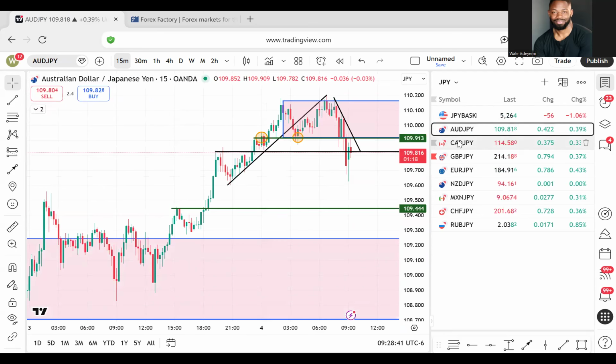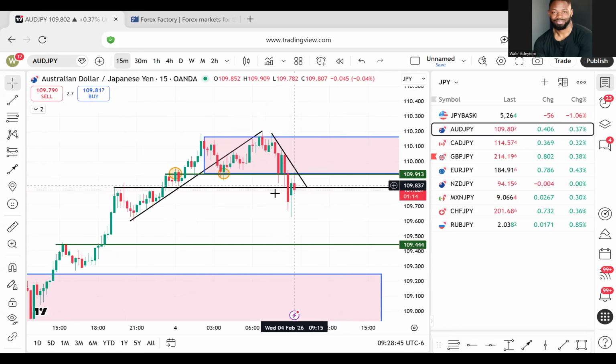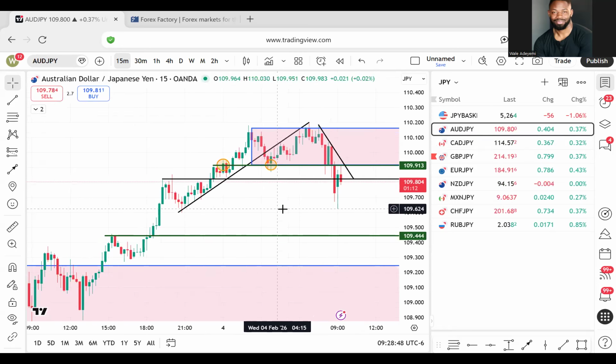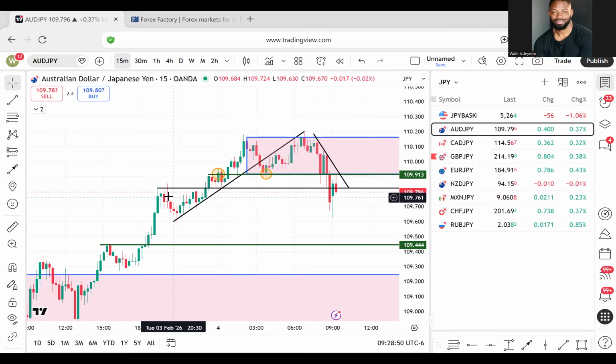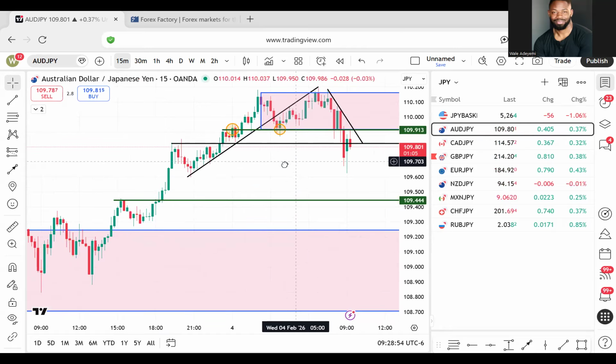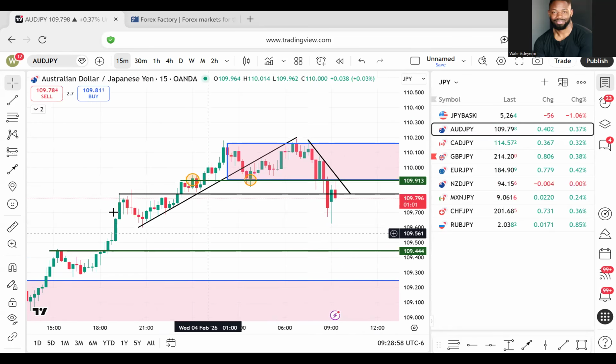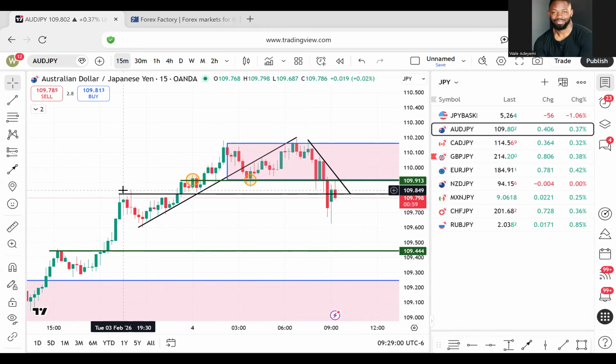AUD JPY was the best looking setup. I hope you can see with my structure. This is so beautiful, it is just doing what it's supposed to do. High rejection. Doji. This doji right here, indecision, shows us that there is something important happening right here.